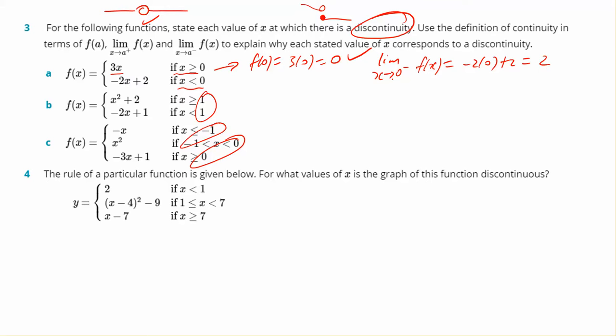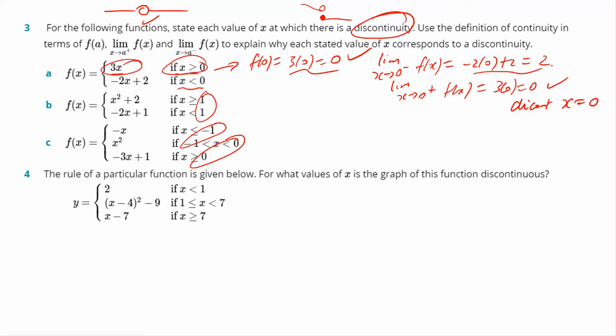If I find the limit as x approaches 0 from the right, I'm looking at this equation. 3 times 0 is just 0. As you can see, although this agrees with that, the 2 does not agree with the 0 here. So these don't agree, and therefore there's a discontinuity when x equals 0.